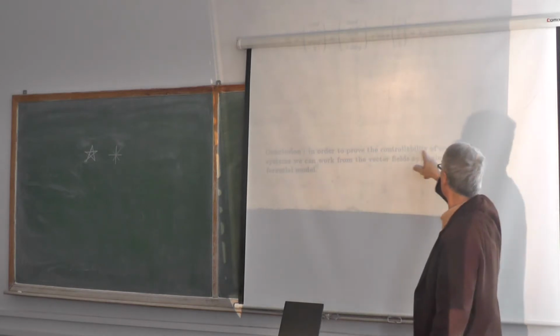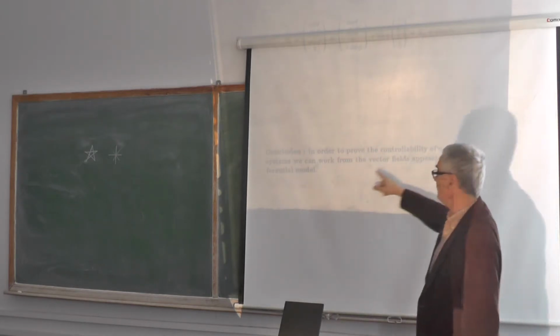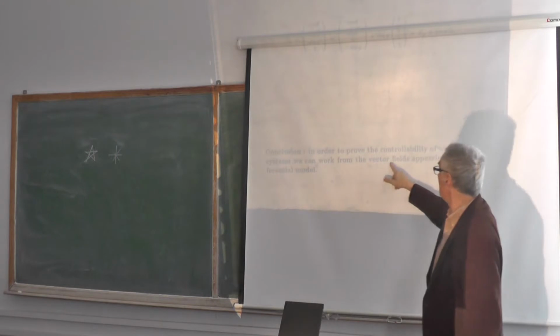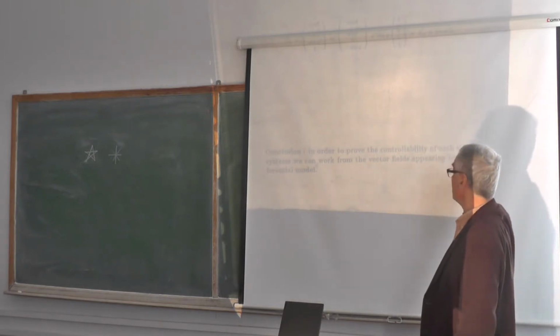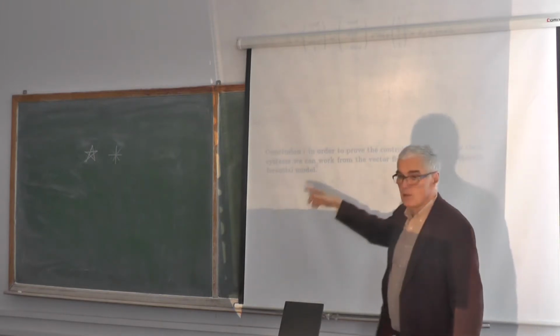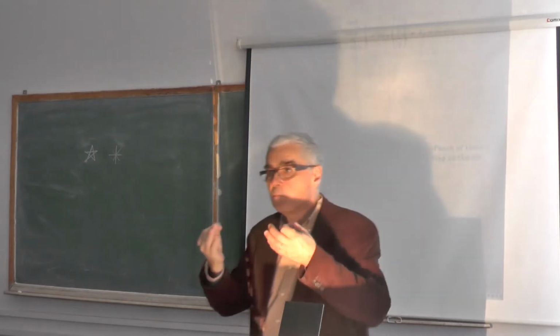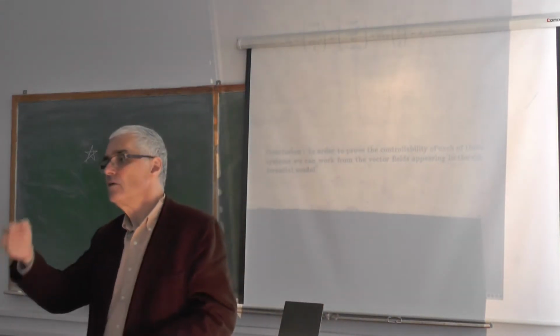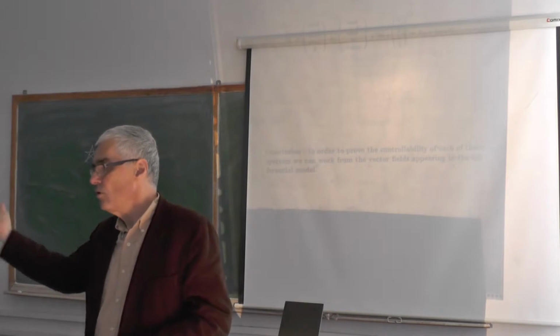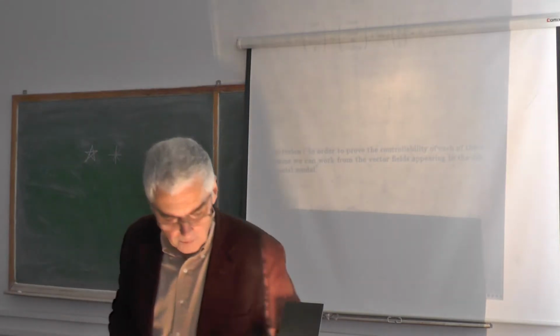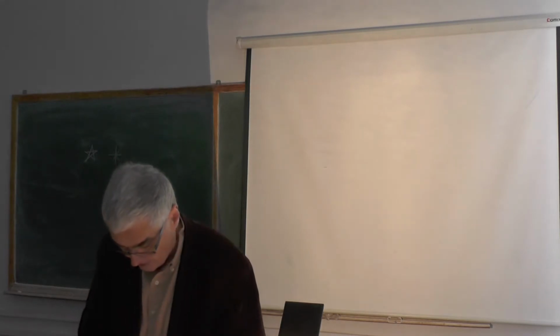In order to prove the controllability of each of these systems, we can work from the vector fields appearing in the differential model. That means that a single proof will give you the proof for all the systems. And this is what we did by considering the first proof.